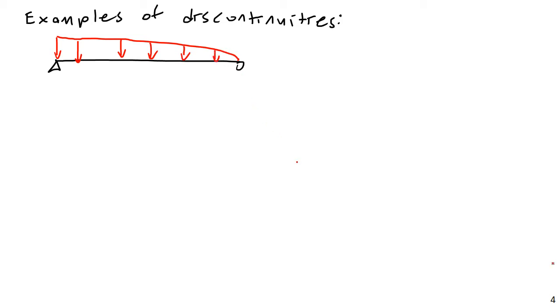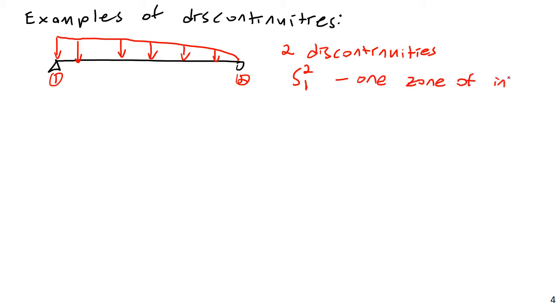How many discontinuities are there in this load? There are 2 discontinuities, here and here, 1 and 2. That means we can integrate from 1 to 2. So we basically have just one zone of integration. Or if we're doing the method of sections, we only need one free body diagram as a function of x.